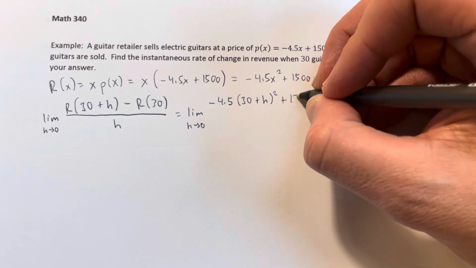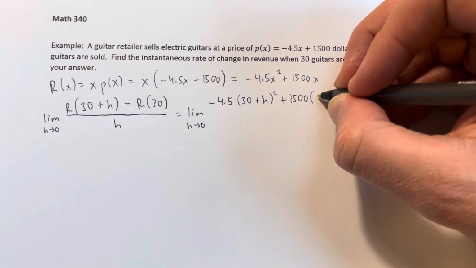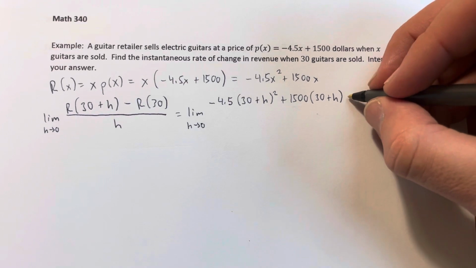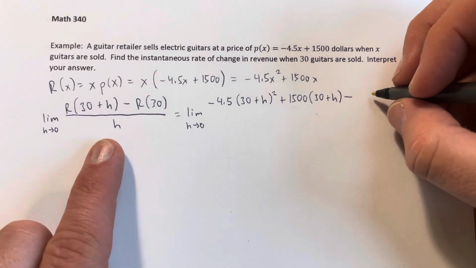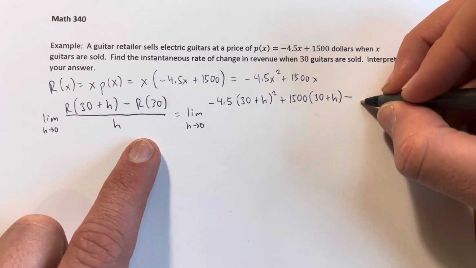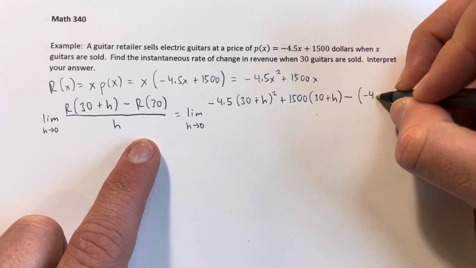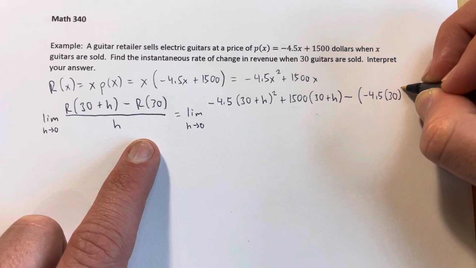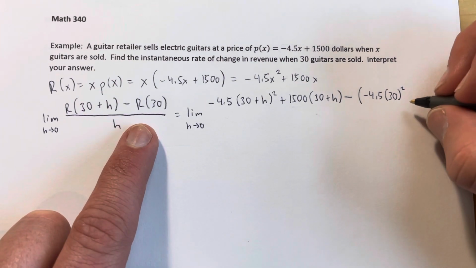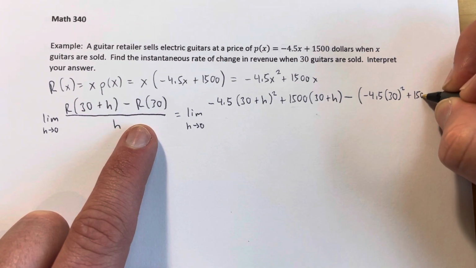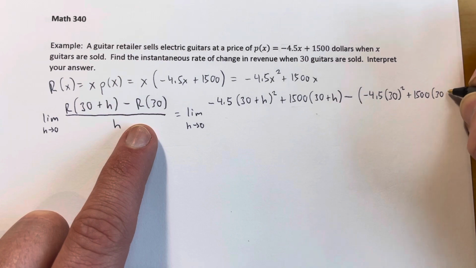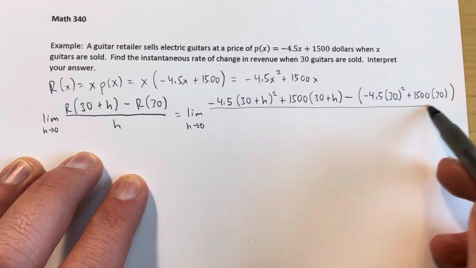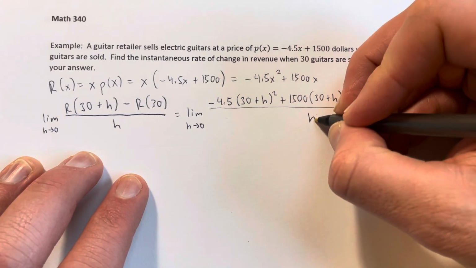So that's plus 1,500 times 30 plus H, okay, minus R of 30. So that's going to look like negative 4.5 times 30 squared plus 1,500 times 30. Okay, all goes over H.